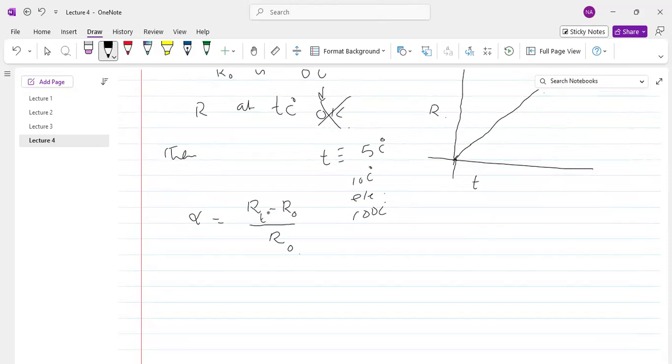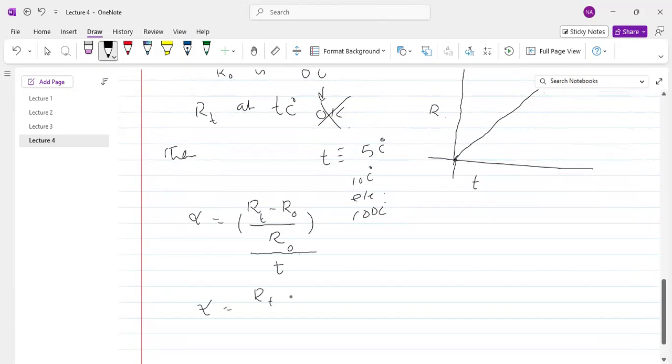Resistance at T degree minus resistance at 0 degree divided by resistance at 0 degree. This is called fractional change in resistance per unit increase in temperature, per Kelvin increase in temperature. This is called temperature coefficient of resistance.